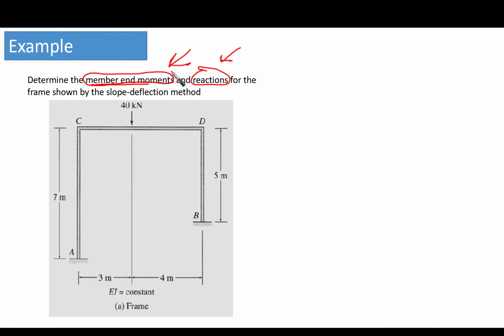Now let's go directly to fixed end moments. This is the first step for us. We have 3 members. This means that we are going to apply the slope deflection method at 3 members. This requires fixed end moments at the ends of the 3 members. It is fortunate for us that AC is unloaded, so fixed end moments at A and C are going to be 0.